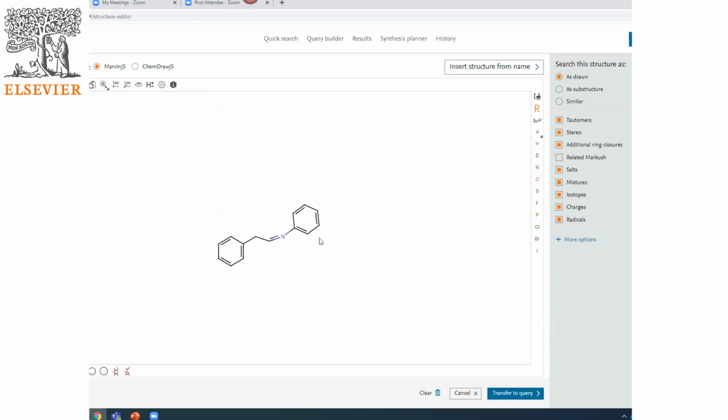What else do we need to mention? We need to explain that we are interested in the reaction. What differentiates a reaction from a substance? A reaction needs to have an arrow. Right now, we have set in Reaxys that we are interested in a reaction, and this molecule should be the product of this reaction.